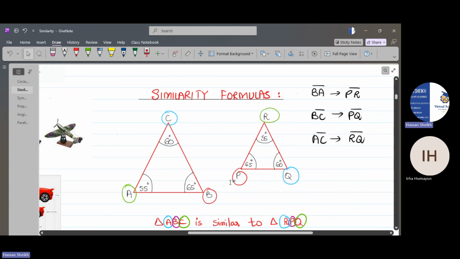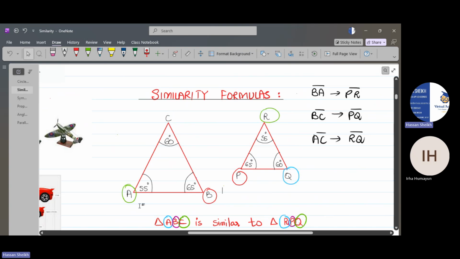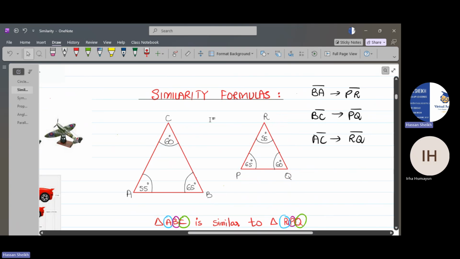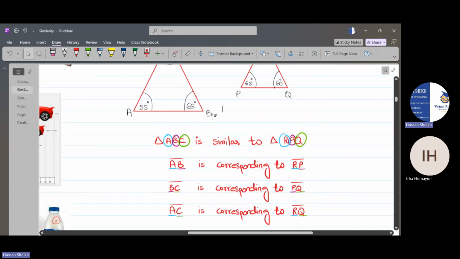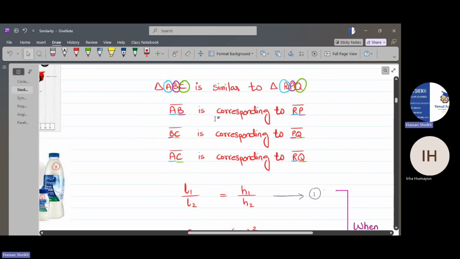Do you understand why BA corresponds to PR? Yes. Do you understand why BC corresponds to PQ? Yes, sir. This is important because of the similarity formulas. You'll get it wrong otherwise. So AB is corresponding to RP, BC is corresponding to PQ, AC is corresponding to RQ.